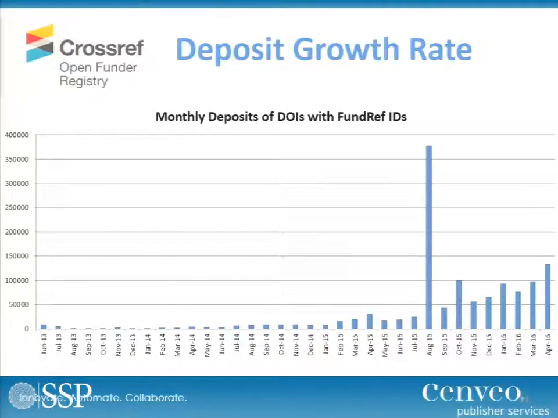The spike in there is back data, retroactive data being supplied by Elsevier and ACS and Hindawi and IEEE. And the little bump in month 1, that was AIP supplying all of our back metadata to get the project started.